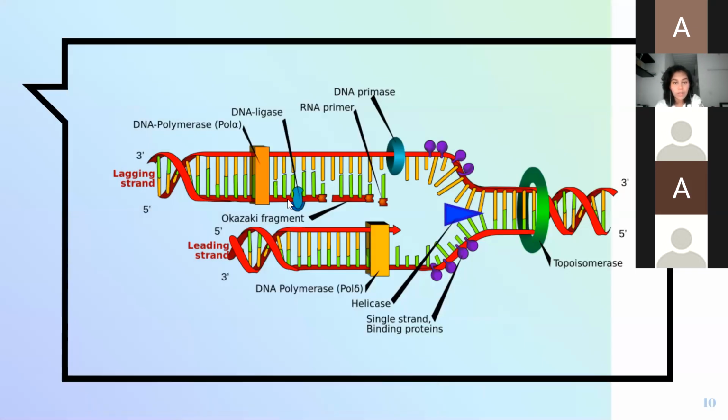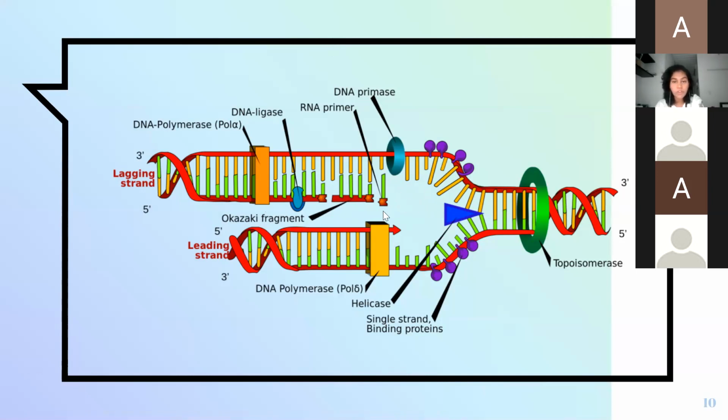DNA polymerase then binds on and continues forming DNA in the opposite direction. So when DNA helicase is unwinding DNA in this direction, multiple Okazaki fragments have to be laid down, and DNA polymerase has to continue building in the opposite direction.